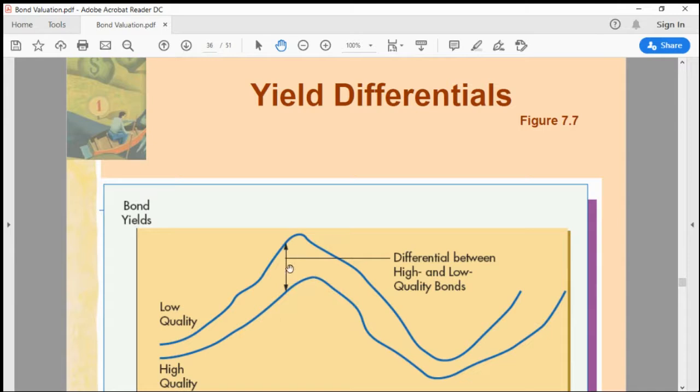The difference between the 10-year Treasury note and the 3-month Treasury bill, the yield differential, is usually used as the indicator for recession forecasts, right? But this other one is a different story, because that's long term versus short term, and this one is a high quality bond versus a low quality bond.